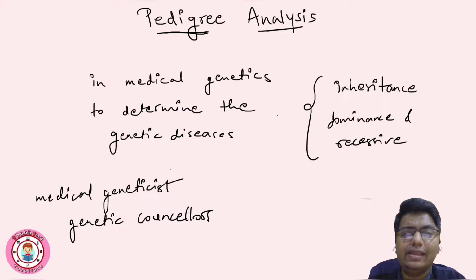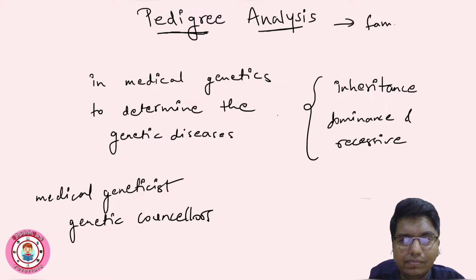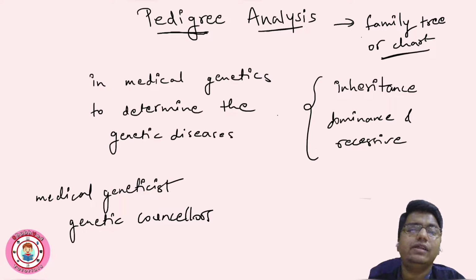Pedigree analysis is their routine work to understand the disease or a particular trait: how this trait comes in the family, and is there any chance that the progeny of the respective couple gets the disease, a risk that can be understood with the help of pedigree analysis. So basically this is a family tree, or chart, associated with the disease.